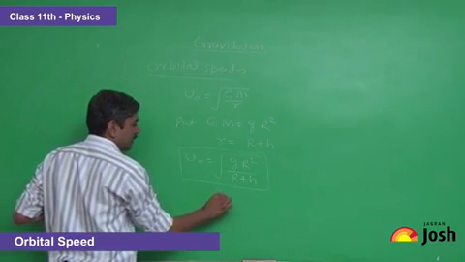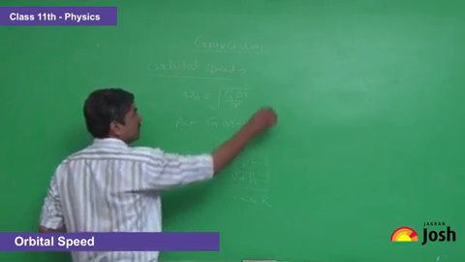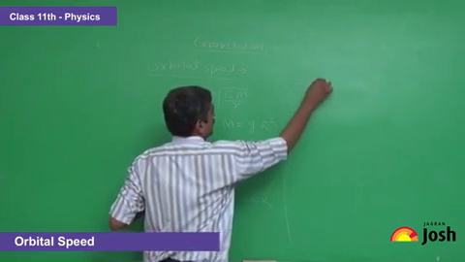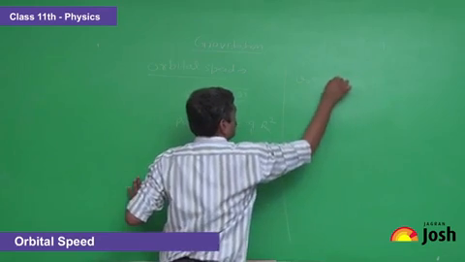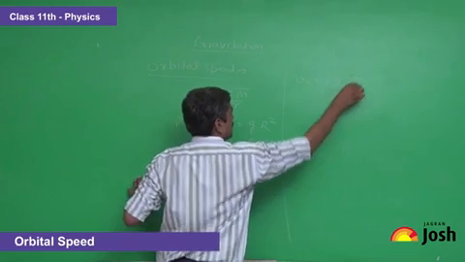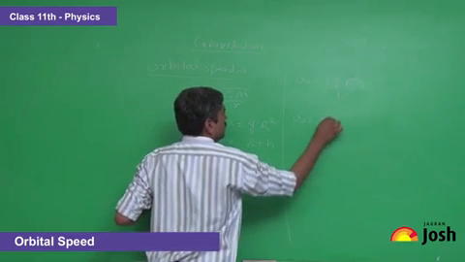If the value of h is very small compared to the radius of the earth, then Vo equals under root g R square upon R. Cancel these terms, Vo equals under root gR.